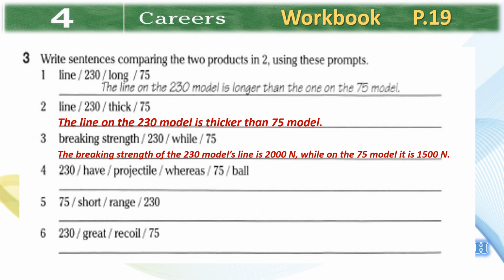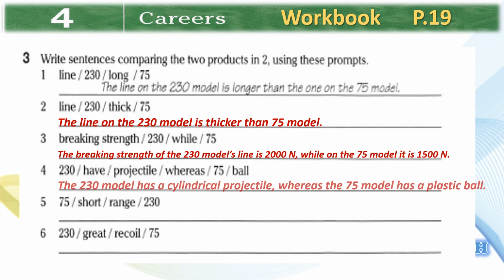Number 4, 230 have projectile, whereas 75 ball. The 230 model has a cylindrical projectile, whereas the 75 model has a plastic ball. Sentence number 5, 75 short range 230.